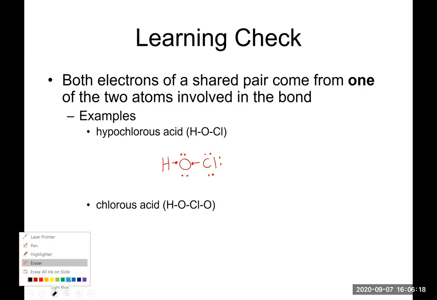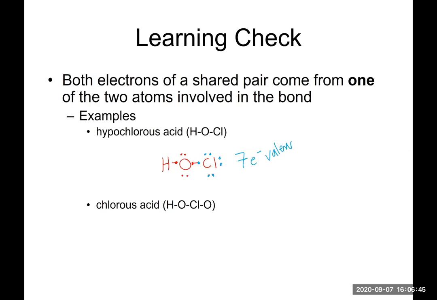And let's talk about the electrons that are coming from the chlorine. There's this one, and this one, this one, this one, this one, this one, and this one. Okay, so how many electrons coming from the chlorine? 7. And that makes sense because chlorine is a halogen. It has a valence of 7.